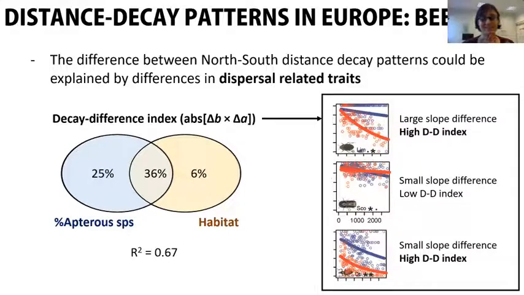Just a side note: when we say we compared the distance decay patterns in the north and the south, we did not only compare the slope, we computed an index that takes into account both the intercept and the slope, because you can have the same slope with a different intercept, and that is actually quite a different distance decay pattern.